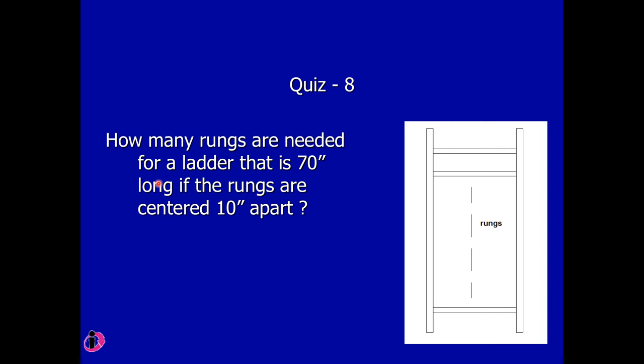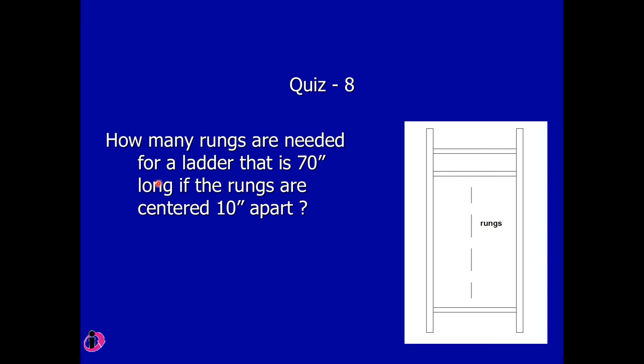Now, think about this ladder. Let's say this is a 70-inch long ladder, and between every pair of consecutive rungs you have a 10-inch gap, right? And these are the 7 rungs you have. Do you really need 7 rungs?